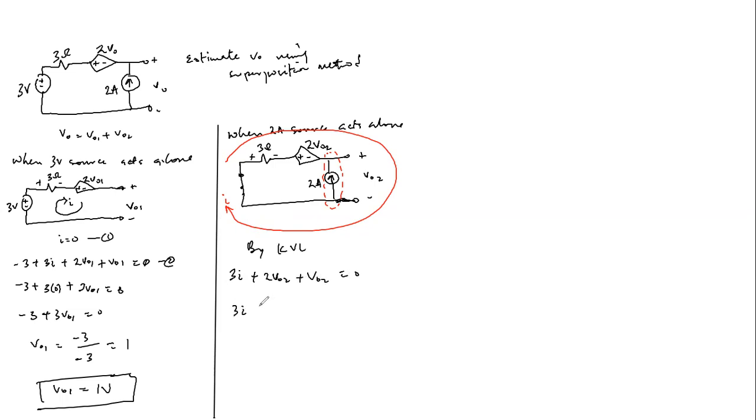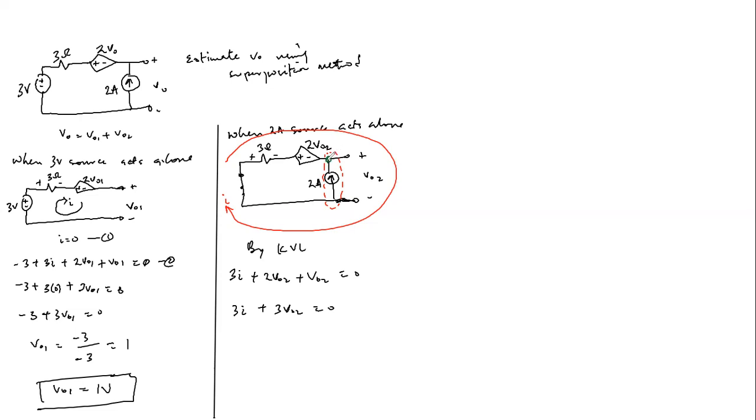3I plus 2V naught 2 plus V naught 2 is equal to 0. So 3I plus 3V naught 2 is equal to 0. Now you observe that the 2 amp current flows in this direction. It comes up here. This is a node.